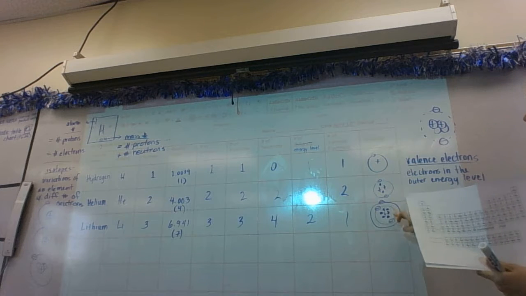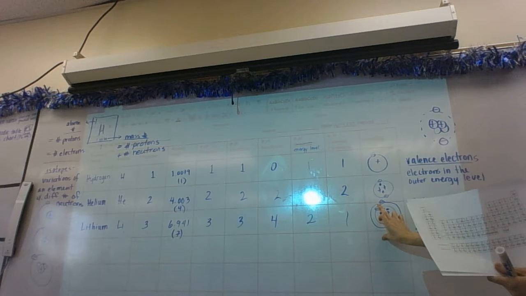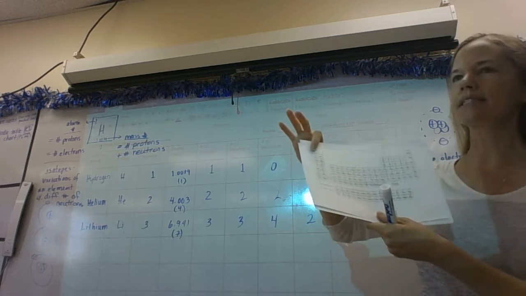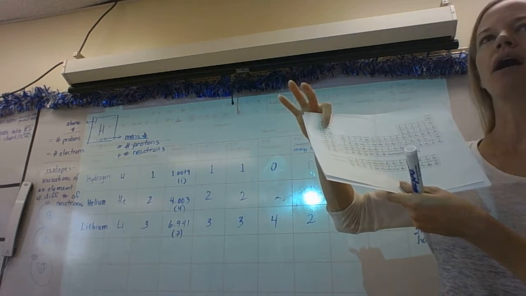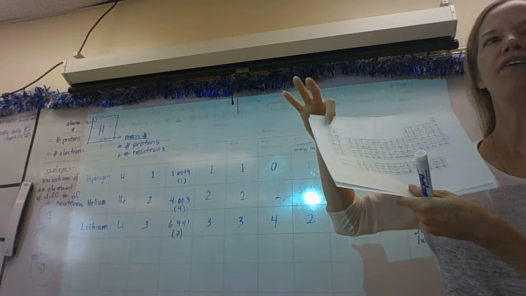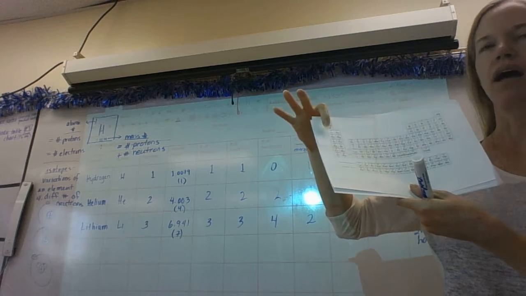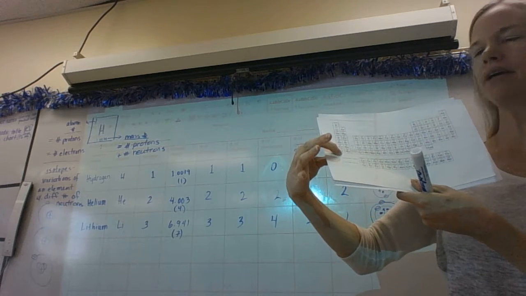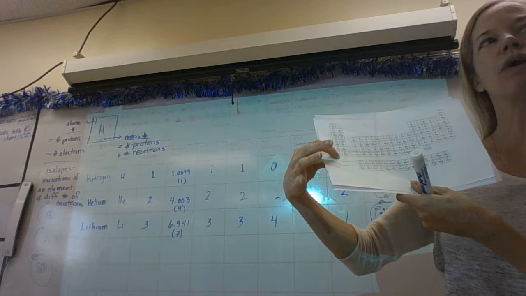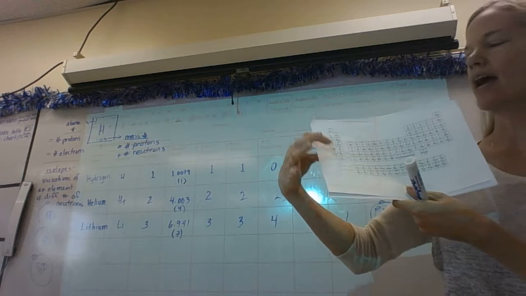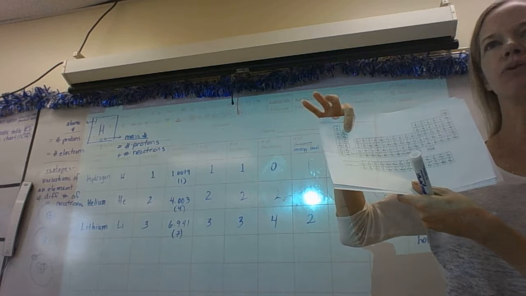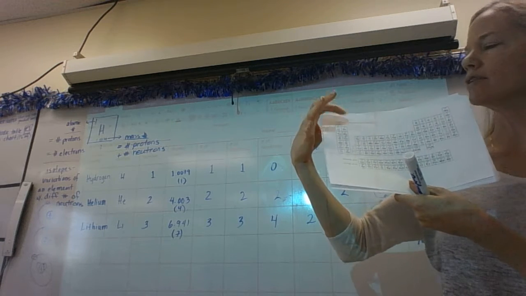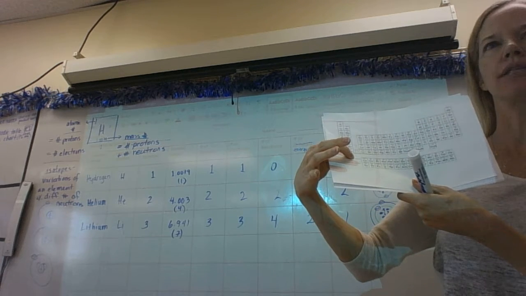When you skip down to lithium, you also have 1 valence electron. Guess what? They're both in the same column or group or family. Everything in group 1 right here is going to have 1 valence electron. Everything in the second column, group 2, is going to have 2 valence electrons.